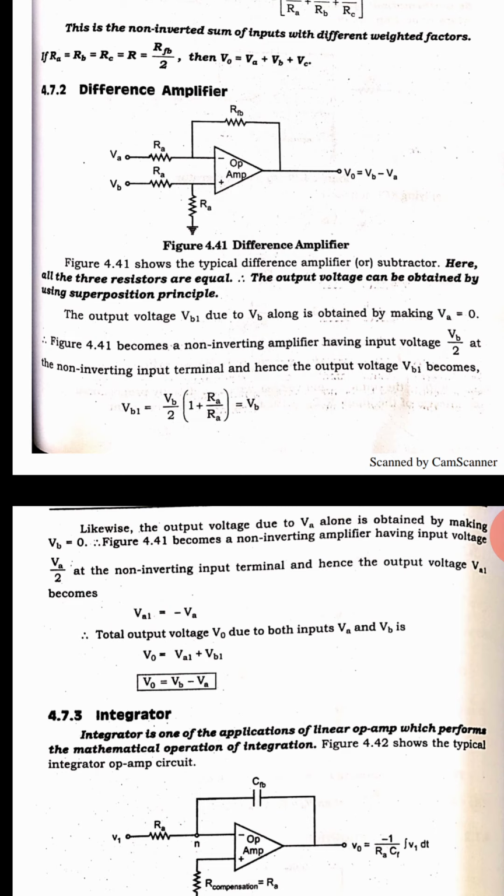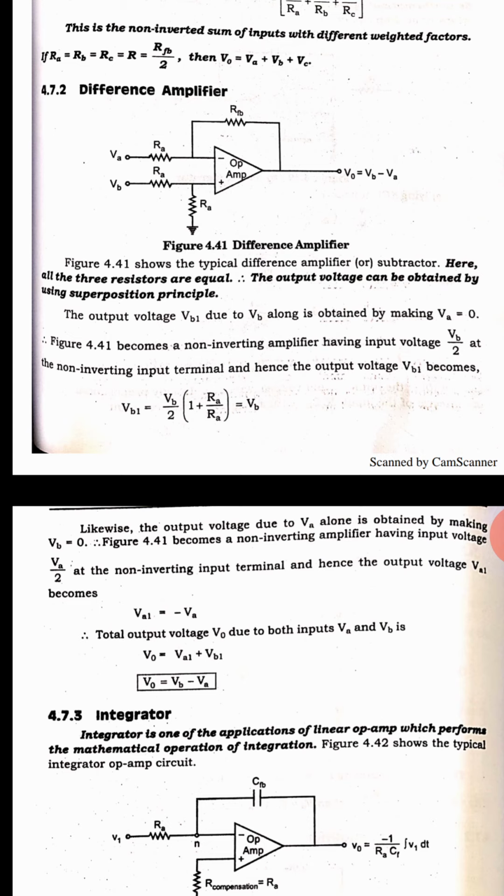But the thing is, we are going to apply the inverting mode voltage expression and non-inverting mode expression. Think that the output voltage due to VB is referred to as VB1, and we make VA equal to 0. And we know the expression for non-inverting.